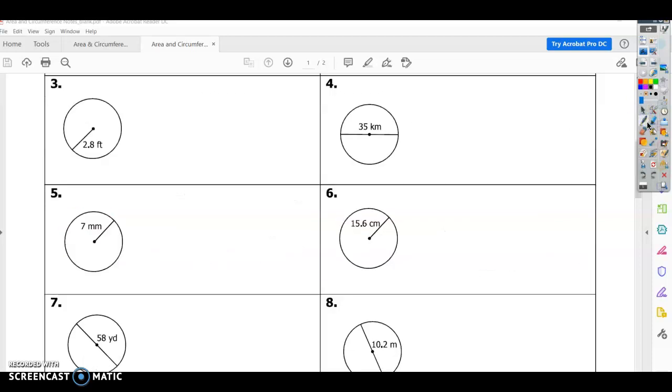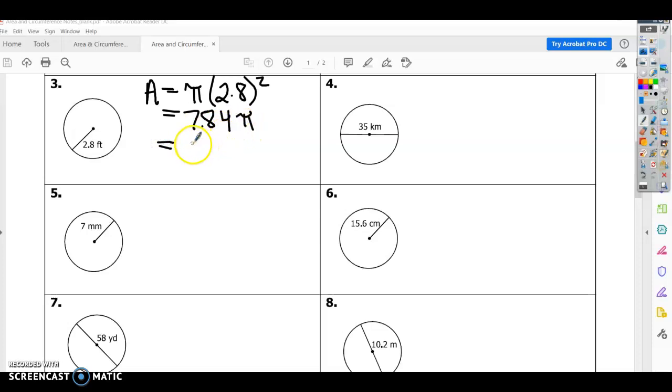All right, moving down to number 3, we're still looking at the area for numbers 3 and 4. So area equals pi r squared, so pi times radius. This time it gives us our radius. And 2.8 squared is 7.84 times pi.